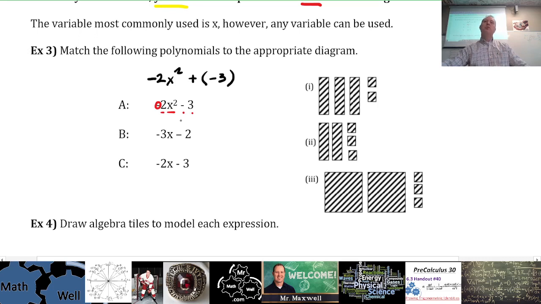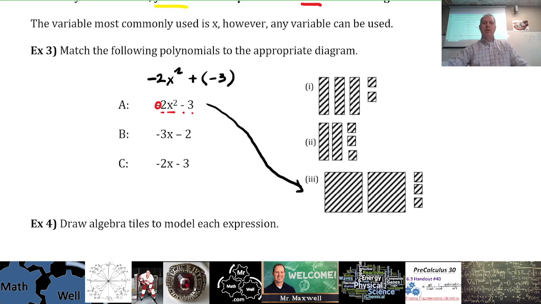And whenever you see a subtraction, it's always the same as adding the opposite of that number. So where do we have 2 big shaded square tiles and 3 little shaded square tiles? Well, that would be down over here, looks like. Does that make sense? So they're all negative, 2 big x squared tiles and 3 little squares.